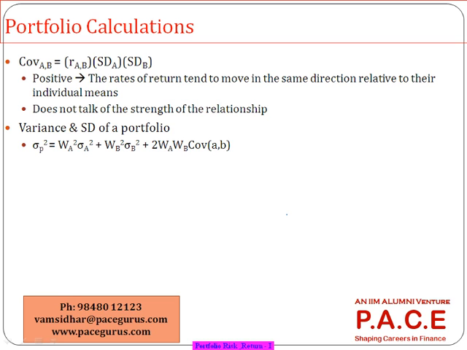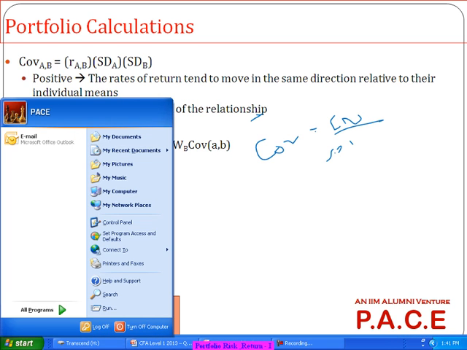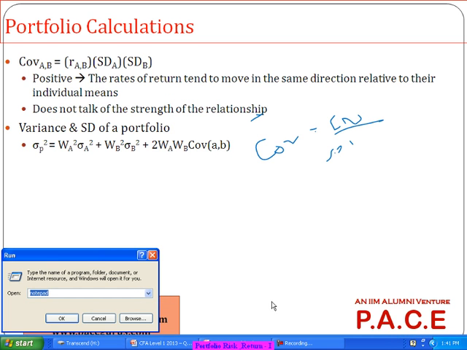Now, with respect to the portfolio, this is something we have looked at in quant also, the covariance between the two securities. Right? We have defined correlation earlier. Correlation is nothing but covariance divided by the standard deviation of security A times the standard deviation of security B. Let me put it into a spreadsheet directly.